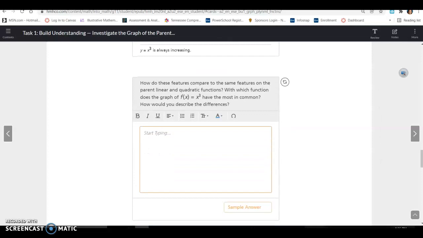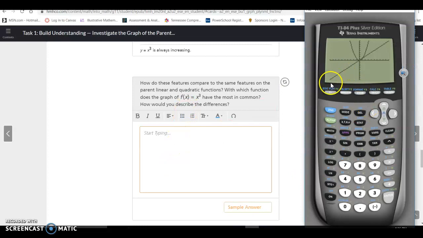How do these features compare to the same features on the parent linear and quadratic functions? With which function does the graph of f of x equals x cubed have the most in common? The linear function is going to be increasing from left to right, so it's going to be increasing on the same interval. It will never be decreasing.